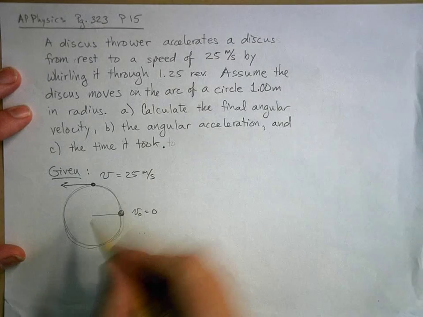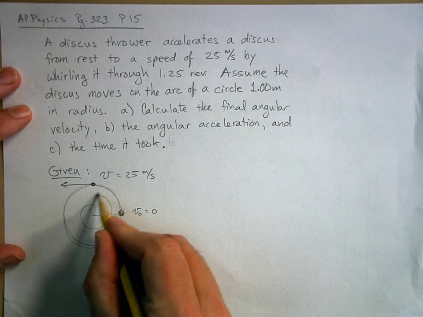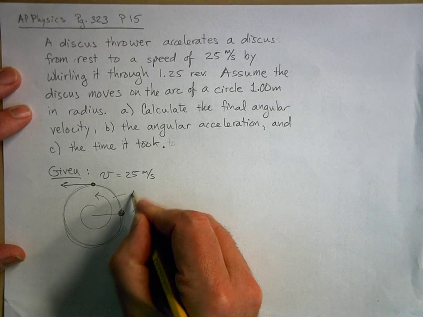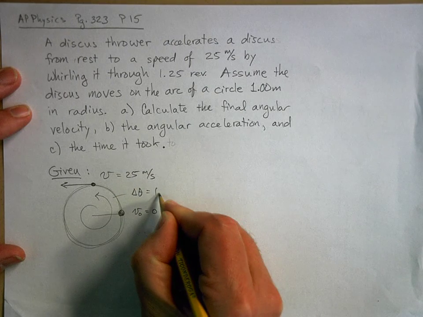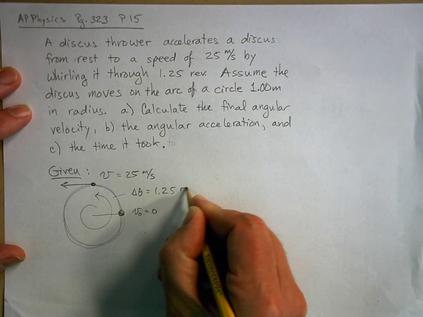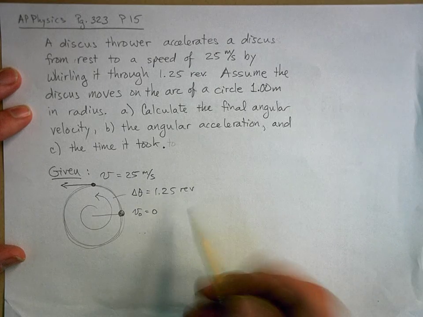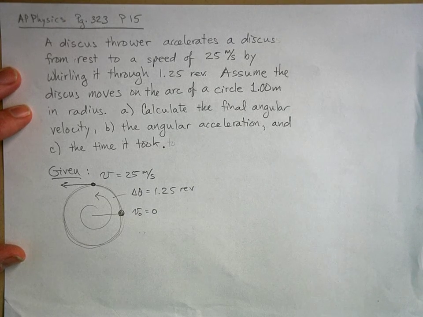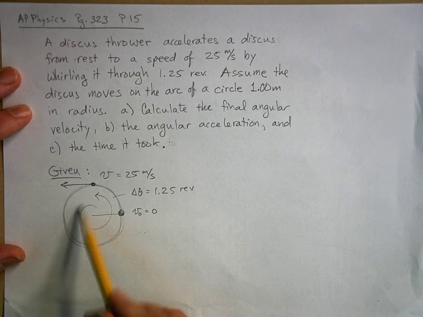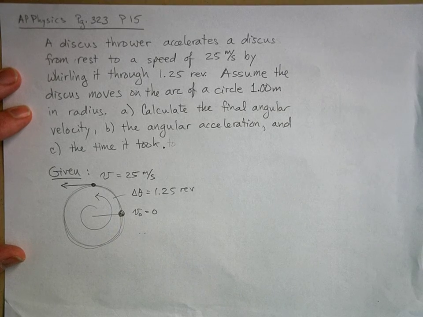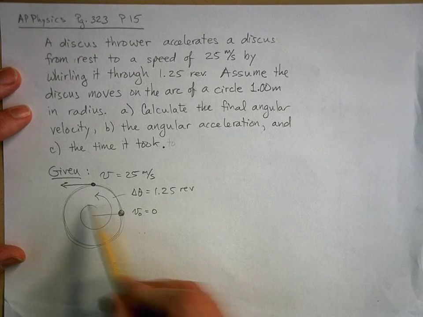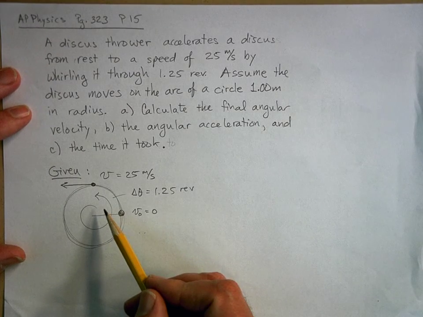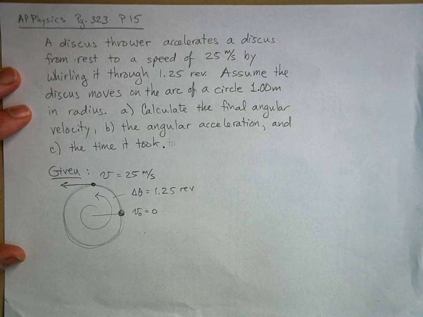This is delta theta equals 1.25 revolutions. Remember, revolutions is just a measure of angle, so you can treat it as our angular displacement, 1.25 revolutions. And this is kind of a little spiral. If it goes more than one revolution, it's a nice way of showing that little trick.